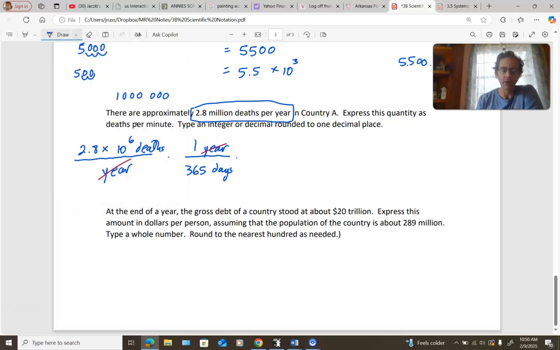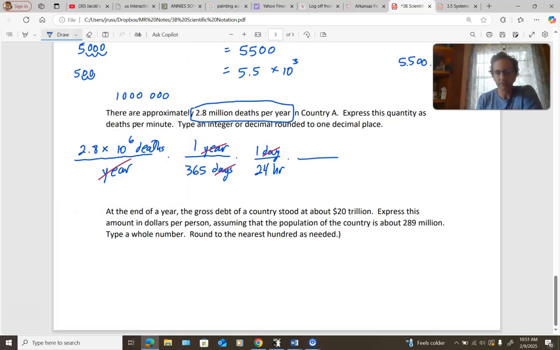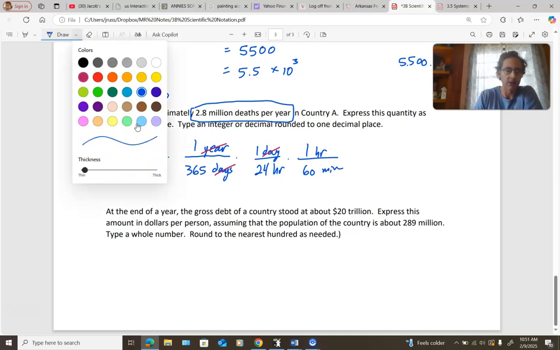And then we need to convert days into, we could go to hours, so we could say that 1 day is equal to 24 hours. And then that would divide out our days. And then finally we can go from hours to minutes. So we can say that 1 hour is equal to 60 minutes, and then divide out those hours.